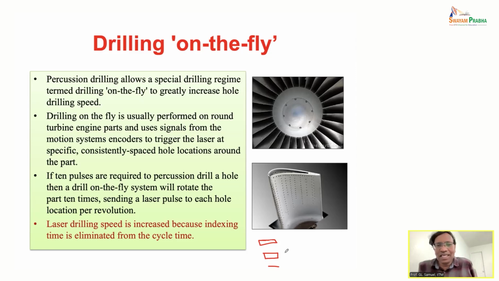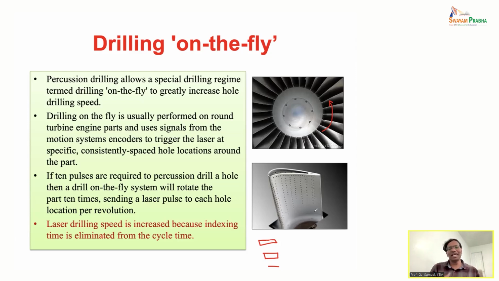Instead of doing that, what they do is rotate this blade, and when the first pulse falls, it will fall on a particular place. Then in the gap, the blade is moved to the next position, and the second pulse does the next hole, then the third, the fourth.